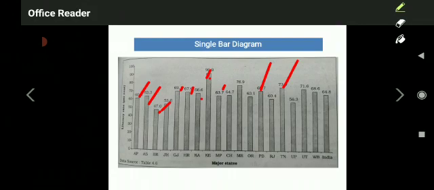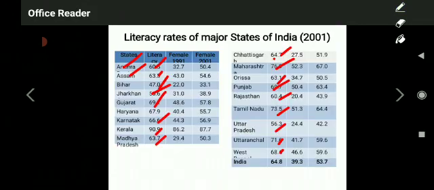Okay, and now coming back to the data, if we glance at the literacy rate of these different states in 2001, look at the overall percentage of the country in 2001. In 2001, the country's overall literacy rate was 64.8.